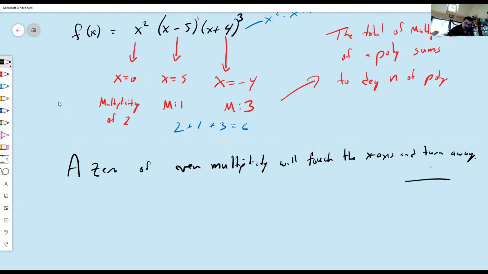So picture-wise, it'll come down, hit this, and just bounce off. So it's still an x-intercept, but it's not going to go through.